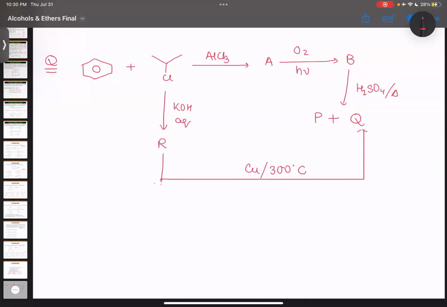So what are P and Q, Ibrahim, and the remaining unknown molecules?